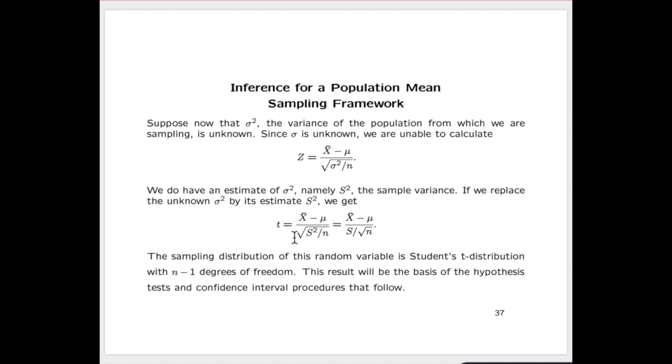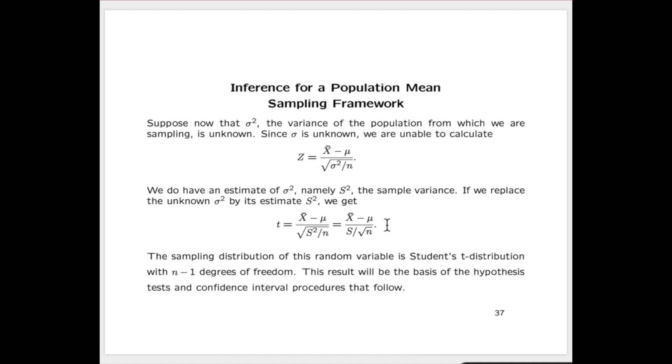So the denominator in this ratio is the estimated standard error of x bar. And so we can represent it as the square root of the sample variance over the sample size. Or if we pull the sample variance out, we have to take its square root, and we get the sample standard deviation s over the square root of the sample size.